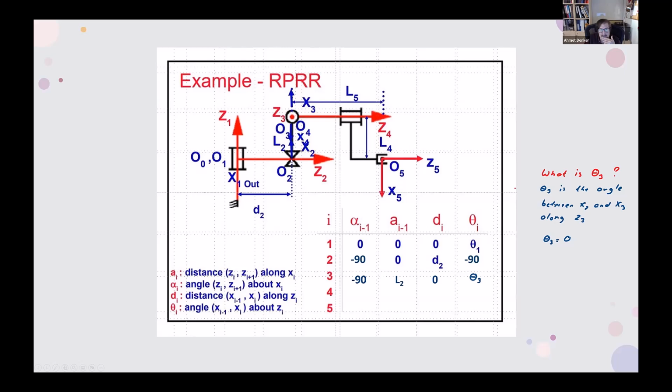As you see here, we showed it by L2. So A is going to be L2 here. All right. Let's come to D.